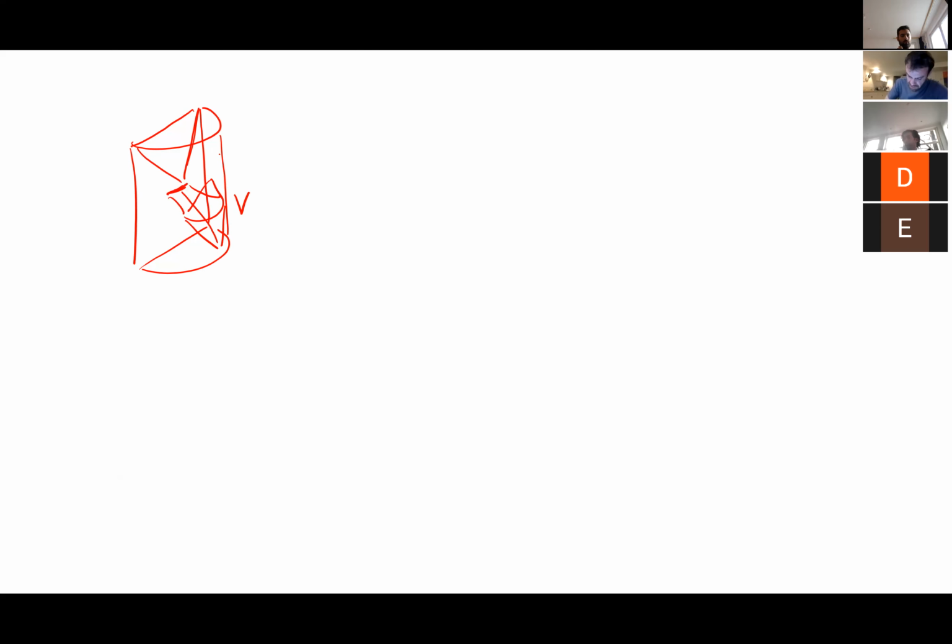I guess the thing is, you could imagine a scenario where Q is stored inside of V, but the bulk description, so in principle, there's something you can do to the subregion V to get Q out. But in the bulk picture, that might correspond to doing some very, very high energy process.